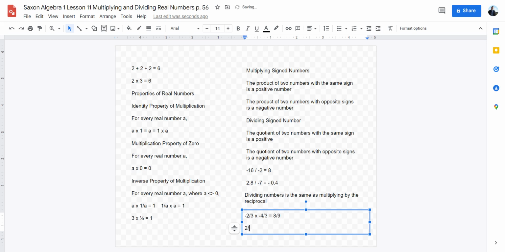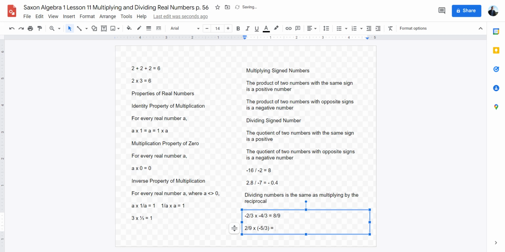Let's take a look at one more example. 2/9 divided by negative 3/5, and I'm going to put that in parentheses like they do here. I don't like this division symbol, so we're going to change that to a multiplication symbol. And then I need to flip my fraction around, so it's negative 5/3. Then I just do the multiplication problem.